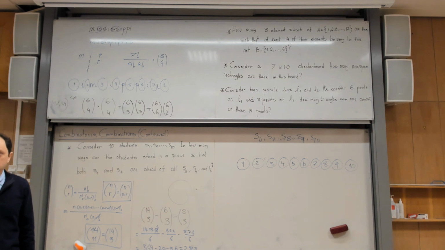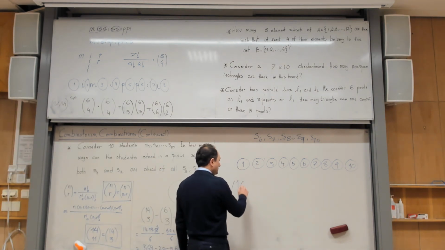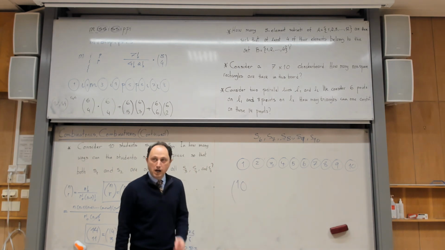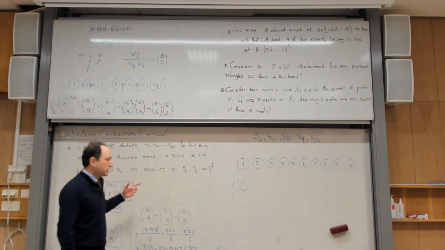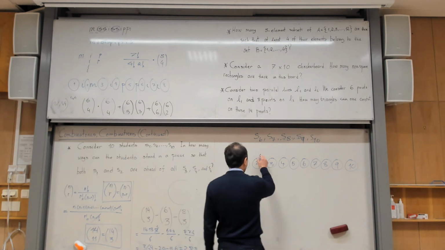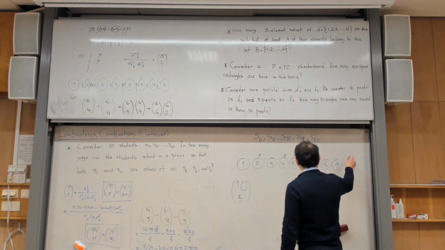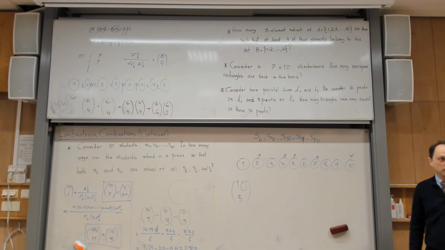Marking 5 positions, yes? So I have 10 distinct locations, but I need 5 of them for these people. So I choose 5 of them. What do I mean by choose? I mean I mark 5. Something like that. I mark them, yes?